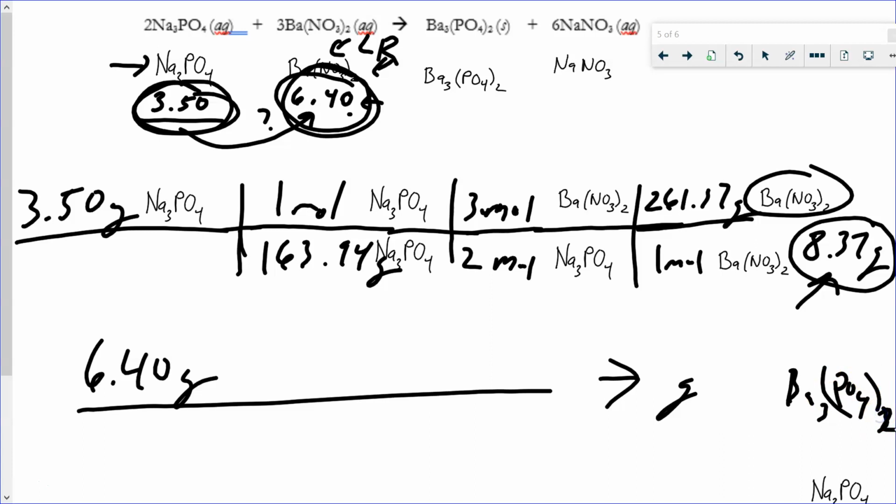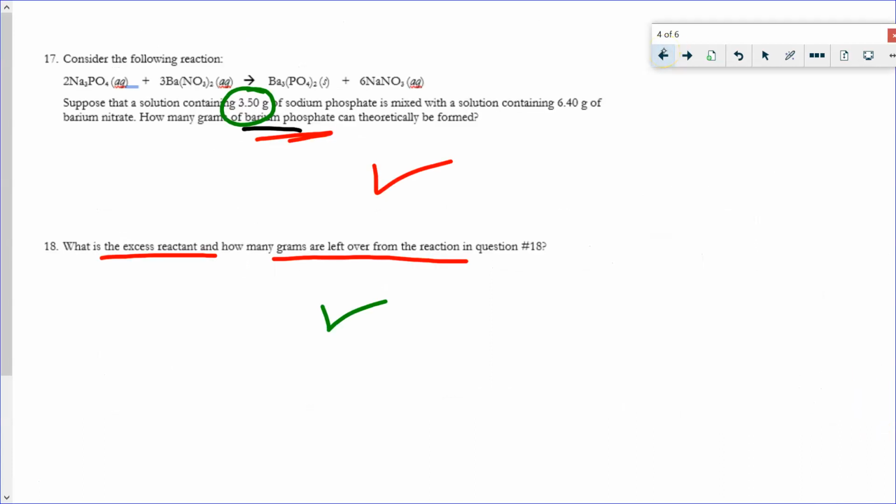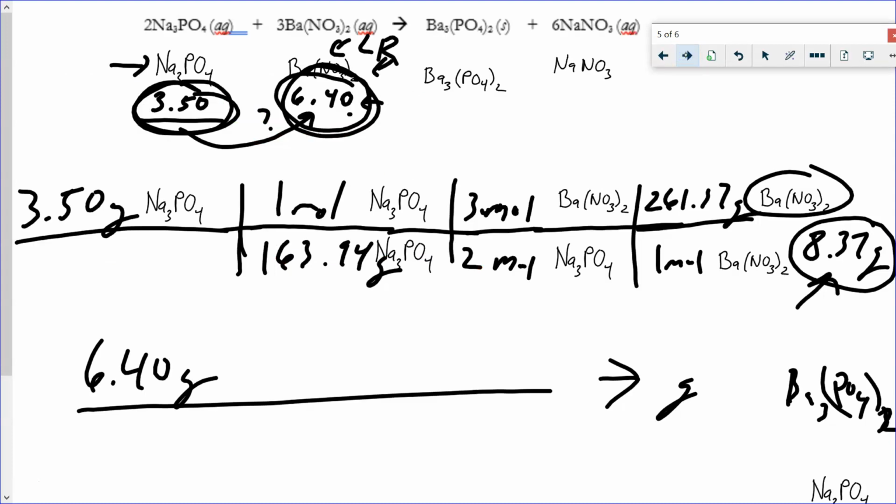Okay, so we already did this. We pretty much already did that in the last demonstration I showed you. And so we would know that it was 4.91 grams of the barium phosphate. That's what we calculated. But this is just a different way to solve the problem. It's still 2 steps. And so at some point, you have to decide which one of these processes works best for you. And you're going to have to choose that.